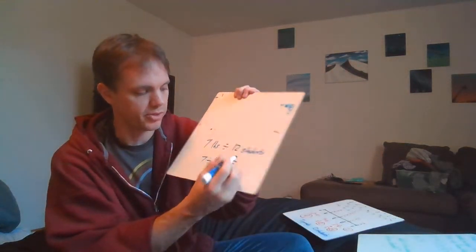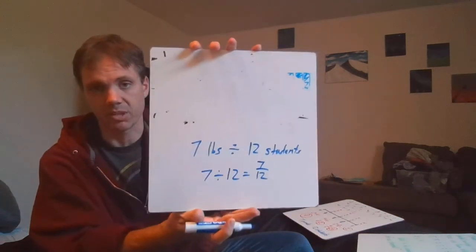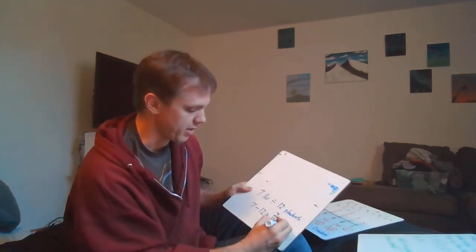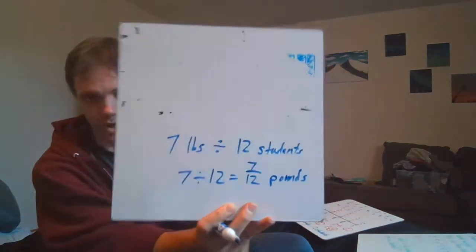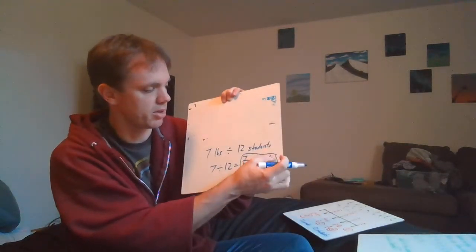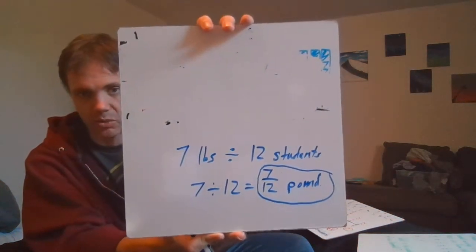So 7/12. And if that had been like an 8 or a 9 or something like that, we could have simplified, but in this case, we can't. 7/12 is already simplified, and then it's pounds. So the average is, actually, it'd be 7/12 of a pound. Okay, so there's our average, 7/12 pound.